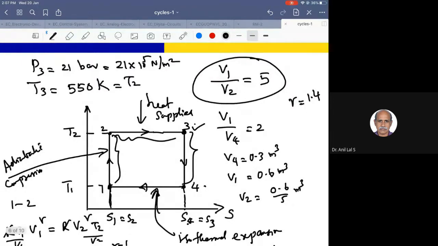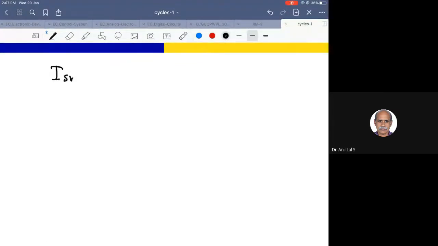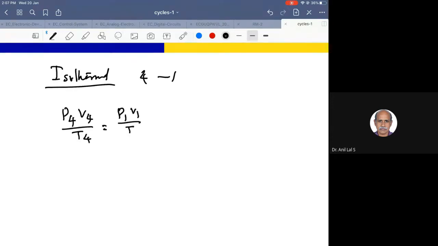So from P3 you come to P4. Now you have an isothermal process, and you know the volume ratio V4 by V1. For isothermal process 4-1, for any process you can write P4 V4 by T4 is equal to P1 V1 by T1, and for an isothermal process T4 is equal to T1.